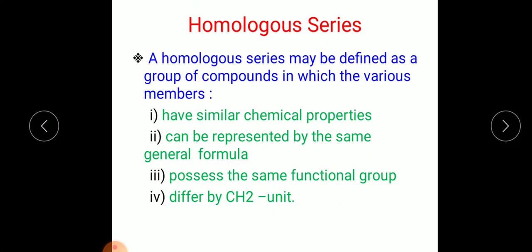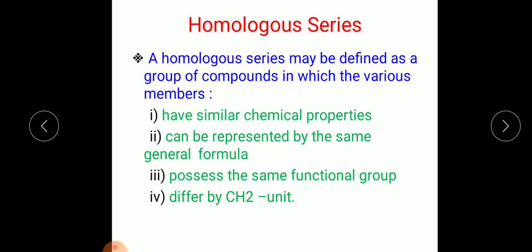Next, homologous series. A homologous series may be defined as a group of compounds in which the various members have similar chemical properties, can be represented by the same general formula, possess the same functional group, and differ by a CH2 unit. So these are the characteristic properties of a homologous series.